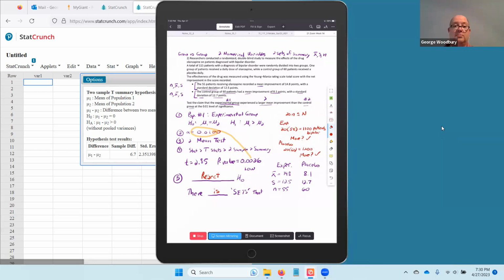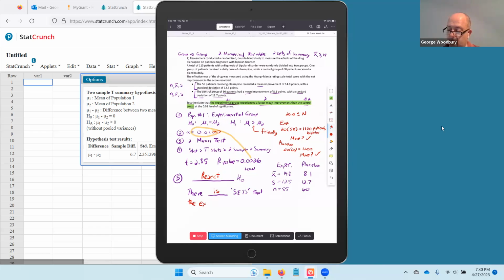Now, what are we supporting? The sign in H1 was a friendly sign. And that means that the wording in the problem will match the wording in the conclusion. And the wording in the claim is right here. The experimental group experienced a larger mean improvement than the control group.